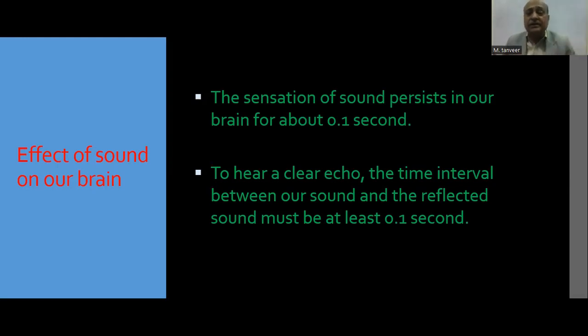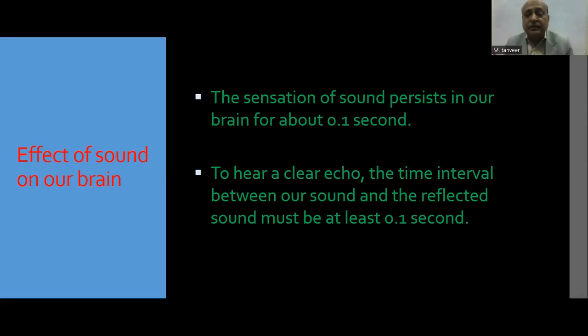But when the distance is large and sound waves go in the forward direction, strike the walls and bounce back, and these waves take more than 0.1 second, then we will hear a separate sound.